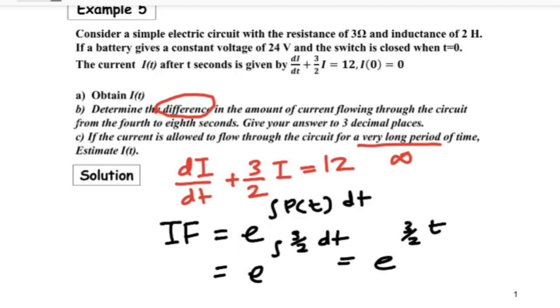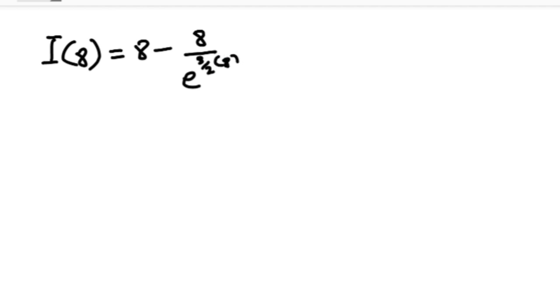Now let's go to question B. We want to obtain the difference in the current flowing through the circuit from 4 to 8 seconds. So we find I(8) first. I(8) equals 8 - 8 divided by e to the power of 3/2 times 8.